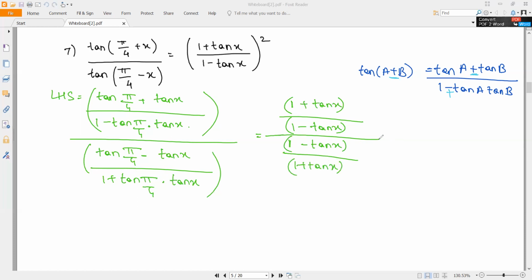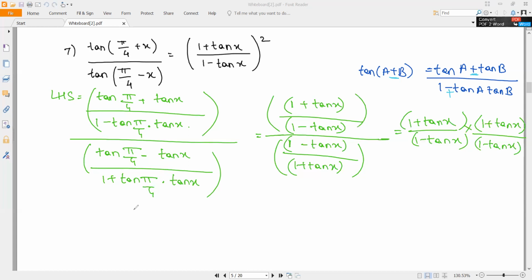This is your numerator and this is your denominator. So flipping the denominator, placing the denominator in the numerator, keeping your numerator as it is. The denominator will be reversed. So 1 plus tan x is in the numerator upon 1 minus tan x.